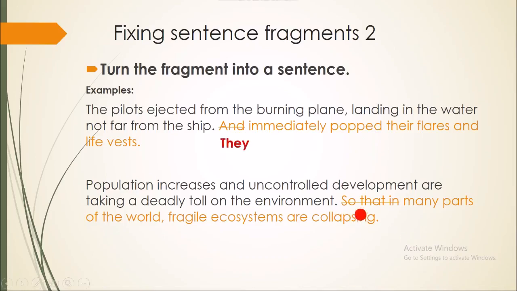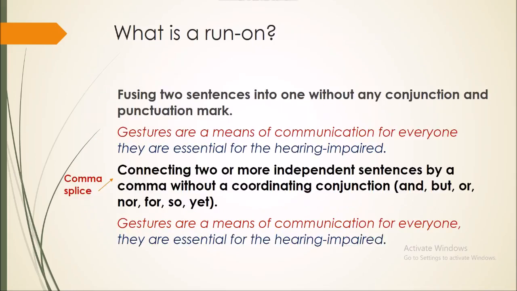The second one, "so that in many parts of the world": when we use so that, it makes an independent clause dependent. So we just delete so that and use the prepositional phrase, in many parts of the world. It makes a perfect independent sentence.